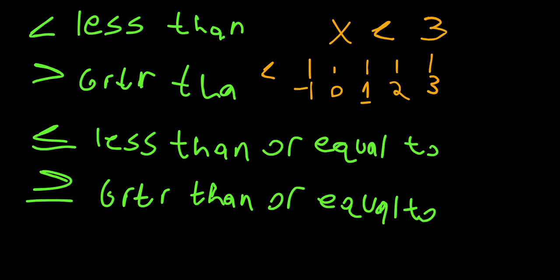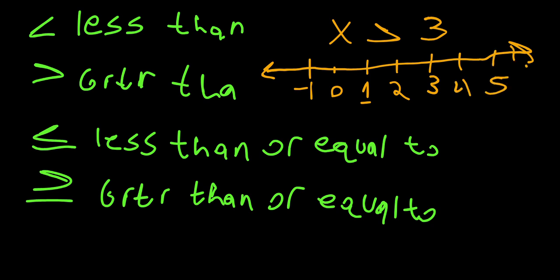And now we could flip this sign. If we flip it to a greater than sign, well, now we have 4 and 5 and 6, and we're going to draw it right there as an open symbol.